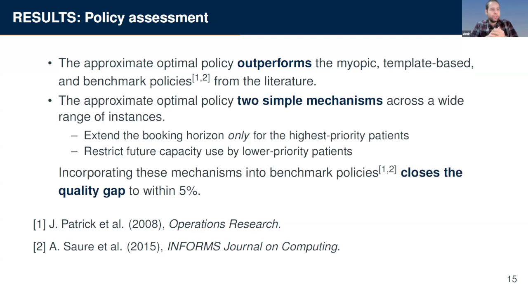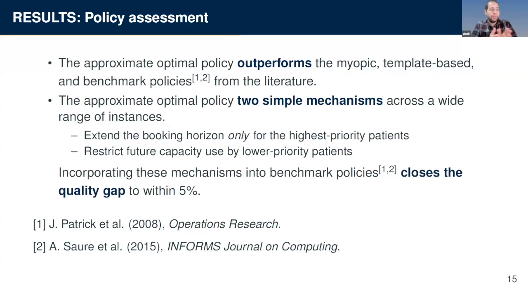Also, in the other analysis we have done, we tried to understand why our policy outperforms the benchmark policies. What is the reason contributing to that, right? That's actually a pretty important thing that could help booking clerks, even without this algorithm, to schedule their patients more intelligently.